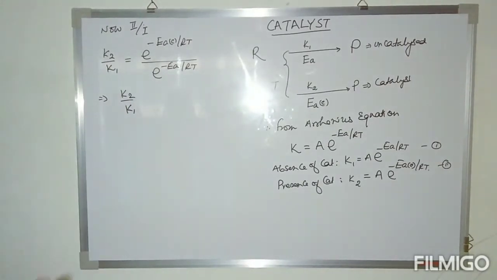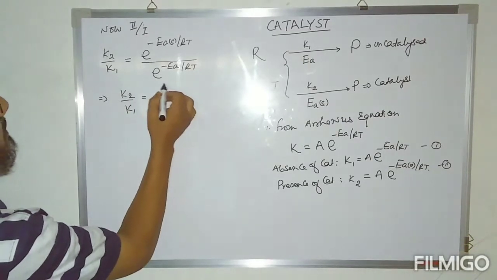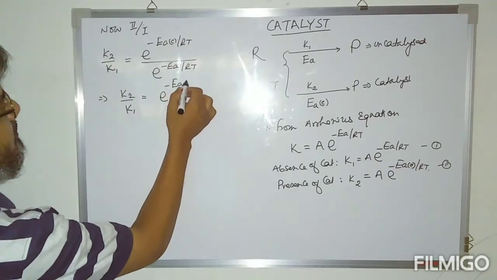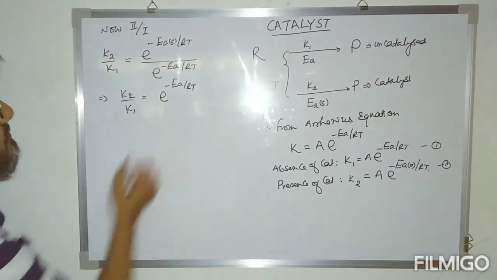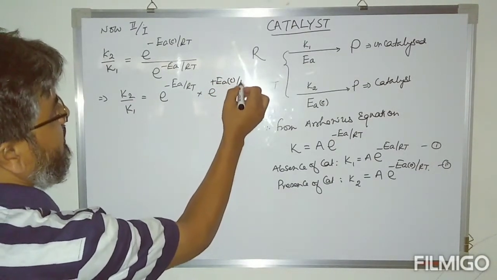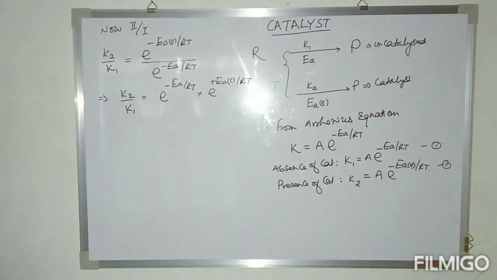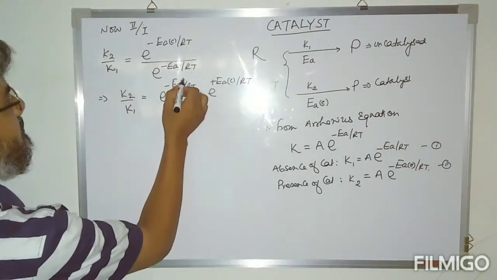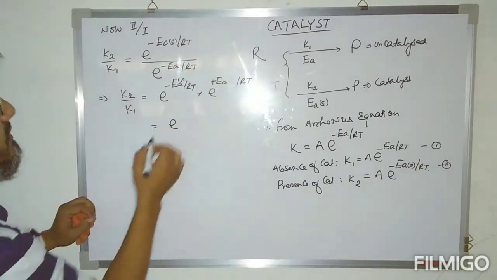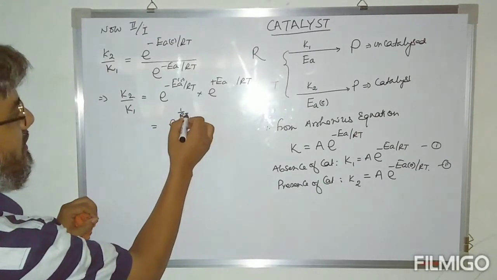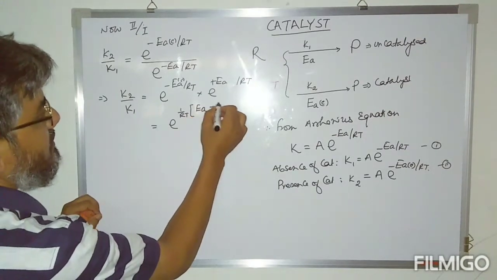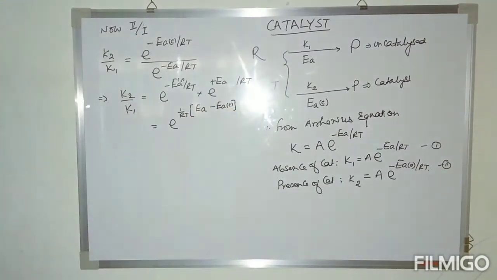Or we can say K2 by K1 is equal to exponential minus EAC by RT into exponential EA by RT, or therefore this is equal to exponential 1 by RT times EA minus EAC.